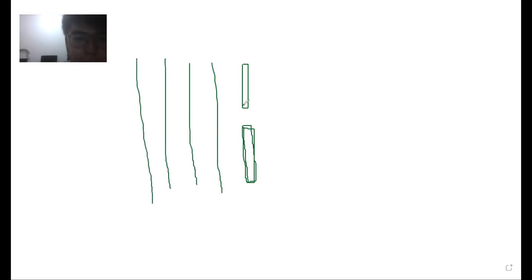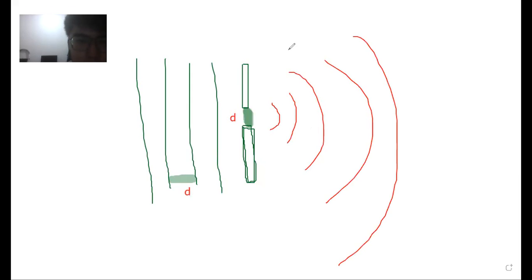So the slit in Young's double slit experiment is a very small opening that is almost the same as the wavelength. I repeat, the opening is almost the same as the wavelength of the laser light. So what happens if they are the same? If this is B, if this is D, what happens just now? If the wavelength is the same, you get a circular wave, and it spreads outwards even more.